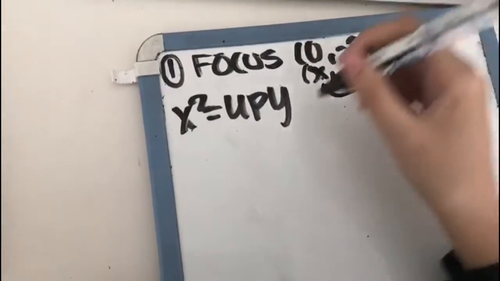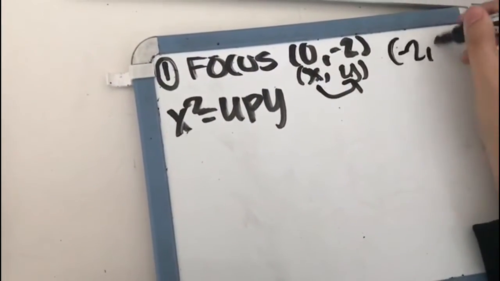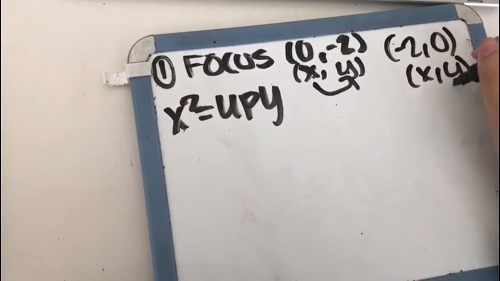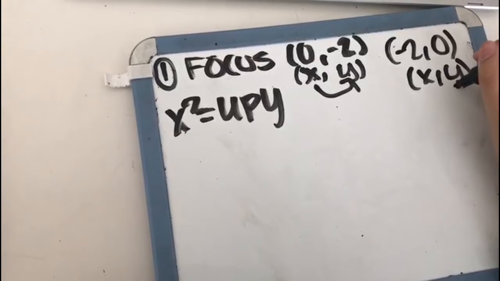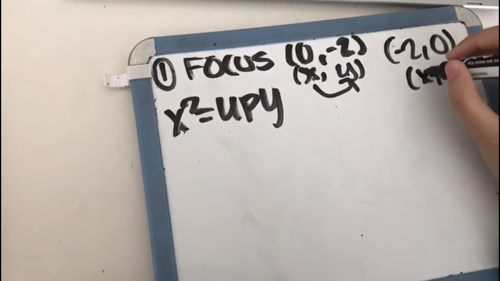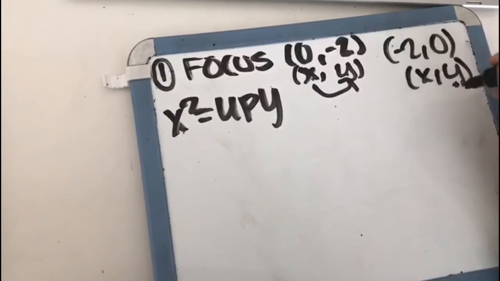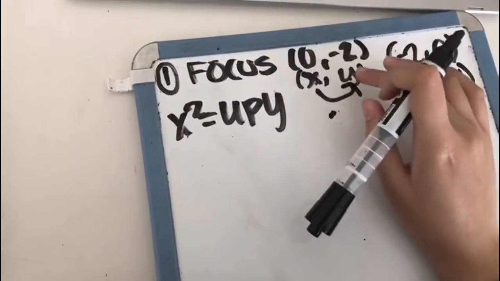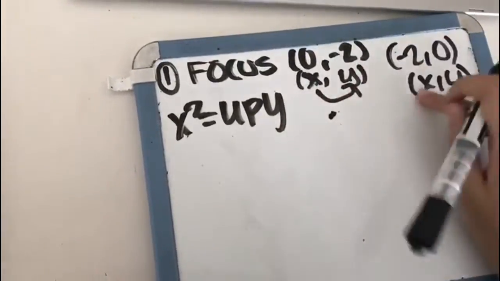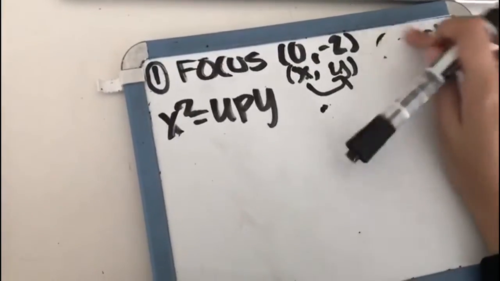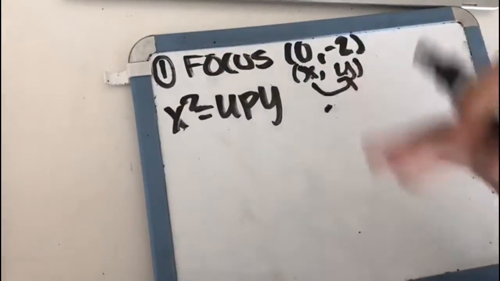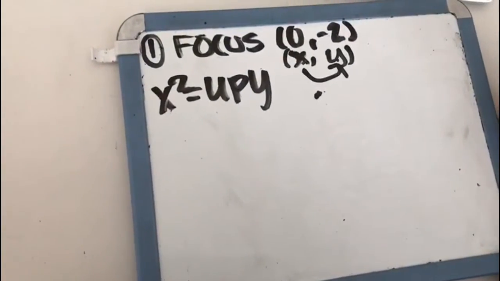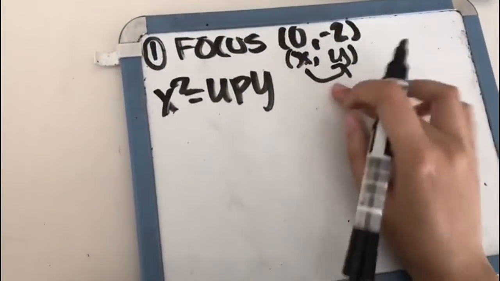If it was the opposite, if it was (-2, 0), it would be x, y, and we would have to find the horizontal axis by substituting x into the equation. But in this case, we're just finding the vertical axis. It's just the opposite way of how to find the horizontal one.